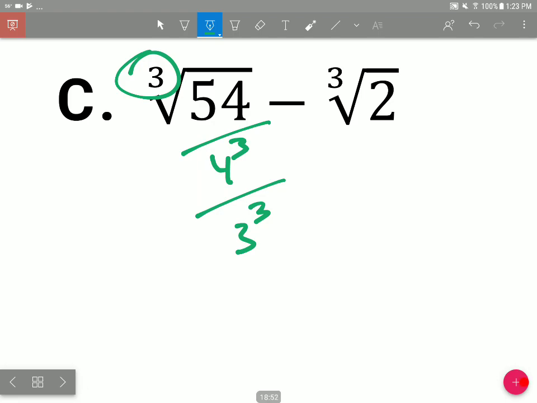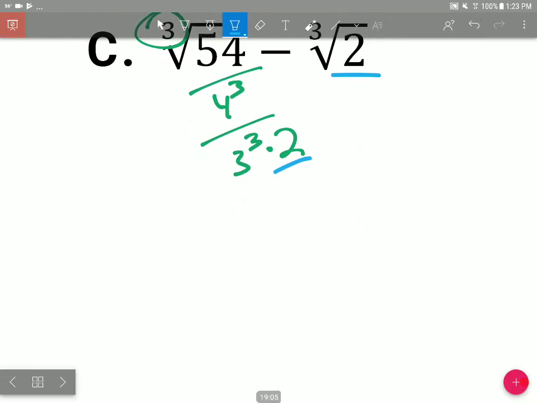Well, 3 to the 3rd is 27. Yeah, it's 3 to the 3rd times 2, which you notice how both of those have a 2 in them? They were built in order to pull them together. So that would be the 3rd root of, which number goes on the outside, the 3 or the 2? The 3. The 2 goes on the inside, minus the 3rd root of 2.